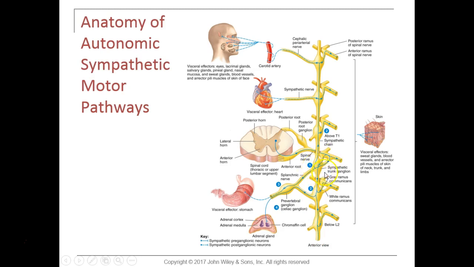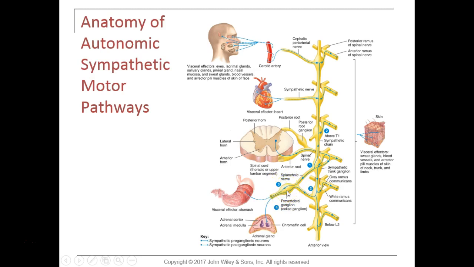Now, we can also have that preganglionic neuron leave the sympathetic chain. This typically occurs down at the splanchnic nerves and can ultimately synapse in one of the prevertebral ganglia. So notice the preganglionic neuron comes in and then it leaves and goes to another ganglion out in the body. This would be called a prevertebral ganglion.